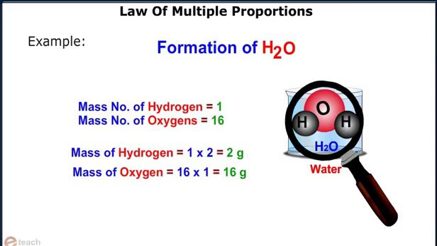Mass number of oxygen equals 16. Mass of hydrogen equals 1 into 2 equals 2 grams. Mass of oxygen equals 16 into 1 equals 16 grams.